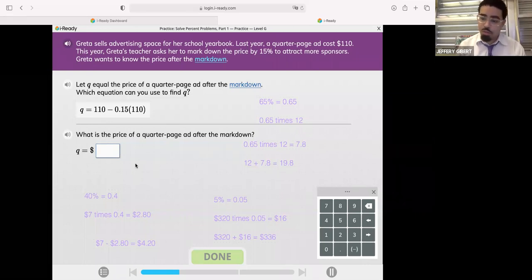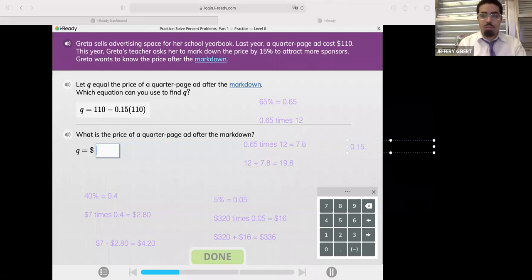All right, well, wait, let's see if that's correct. 93.50. All right, let's see if that's right. 0.15 times 110.